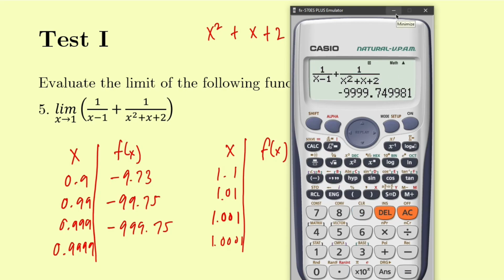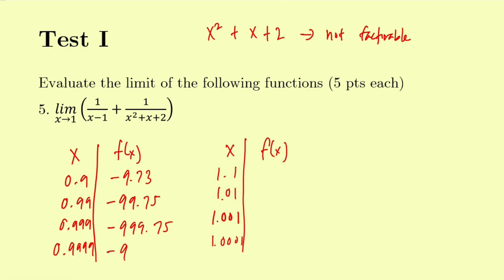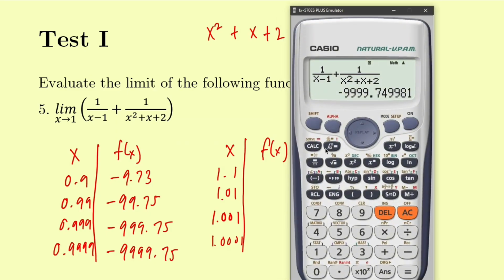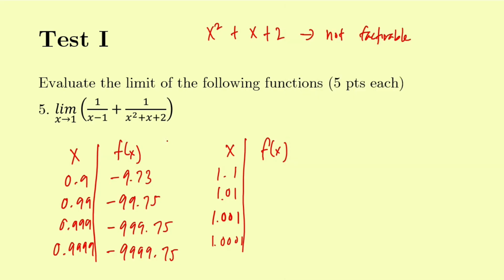It's negative 9999. Wait, let me try again. 0.9. Yeah, it's negative 9.73. Anyway, that's the answer. We are approaching negative infinity from the left side. So the limit of f of x as x approaches 1 from the left side is negative infinity.